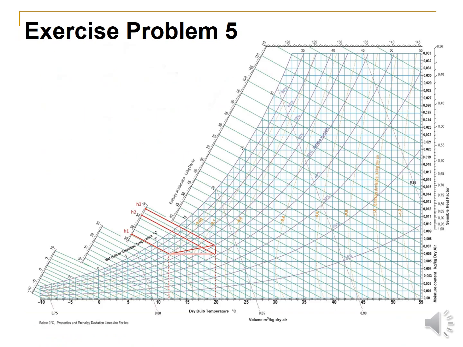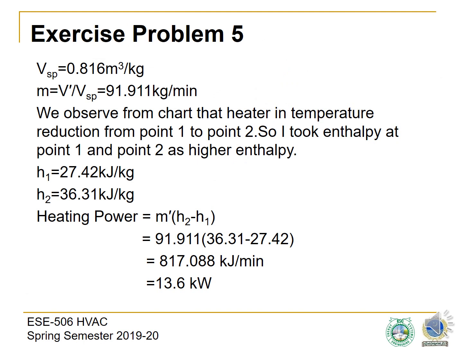So from the given data, draw points 1 and 2 on the psychrometric chart and find the values of enthalpies. Similarly, this problem can be solved because the formula for the heating coil is m prime into change in enthalpy.